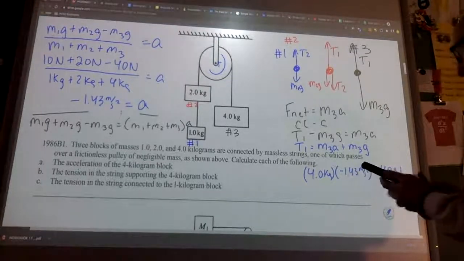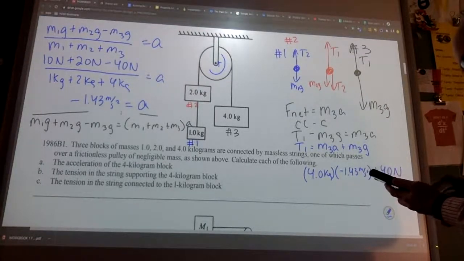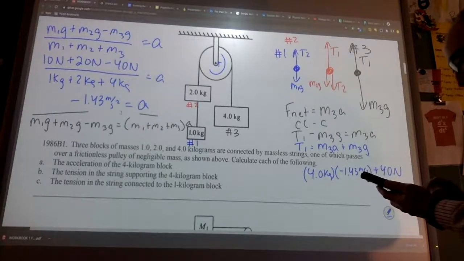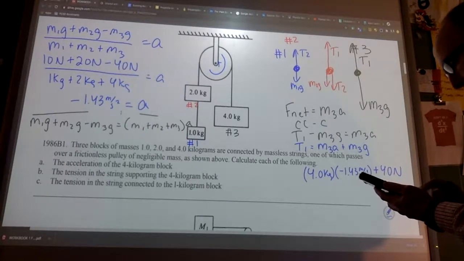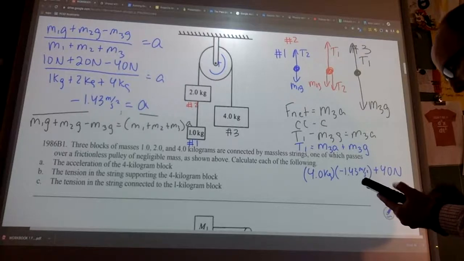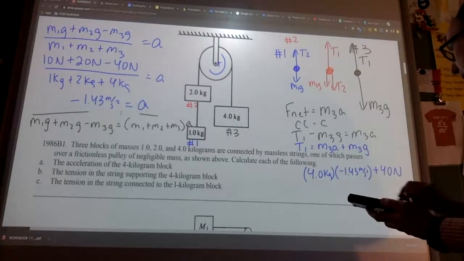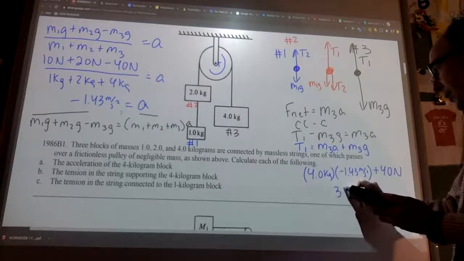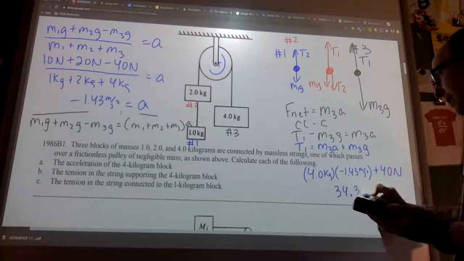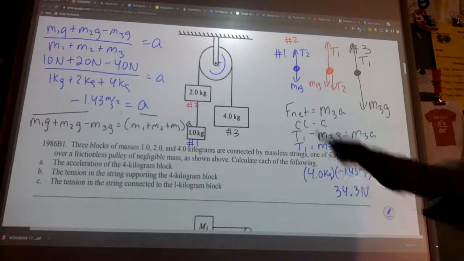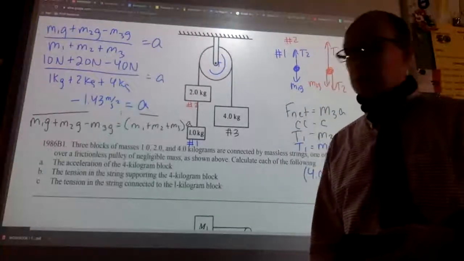And then M3G is 40, so this is going to give me 4 times 1.43. And I get a tension of 34.3 newtons. So it's less. That makes sense.